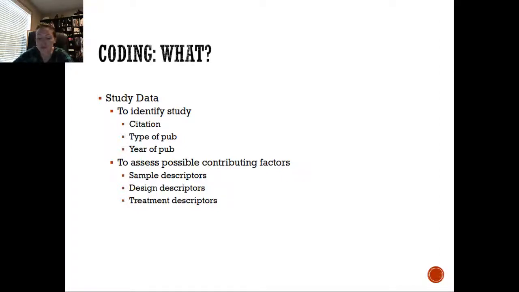But we also want to be able to assess for possible contributing factors. So we'll also include study data that includes descriptors of the sample, descriptors of the research design, and then also descriptors of the treatment that was employed.